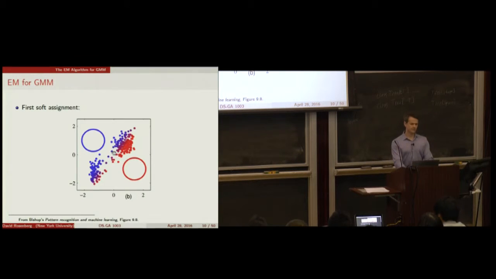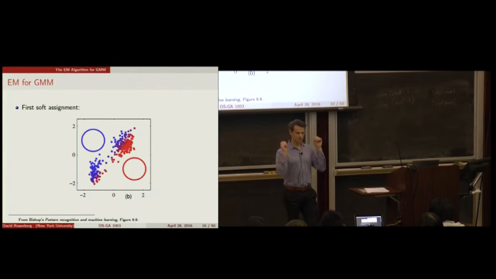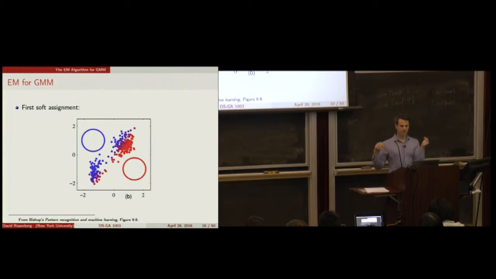If a point lands here, it may not have a clear assignment to a cluster. So for a point to have almost all of its probability on just one cluster, the likelihood of that point under the other clusters would have to be very, very small.